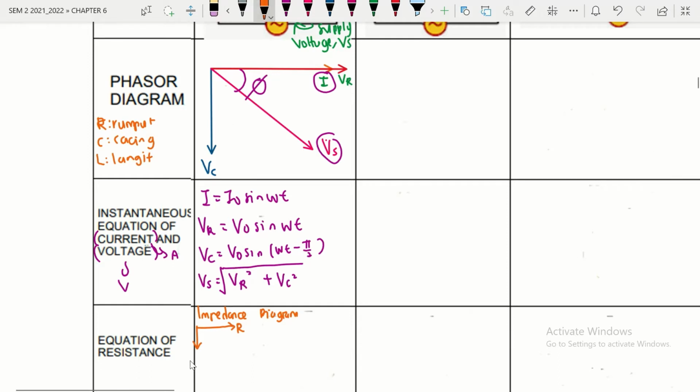Okay, capacitive reactance, XC. And your impedance is in between your R and the capacitive reactance. So this is your Z. So this is what we call the impedance diagram. And the angle is also in between Z and R.